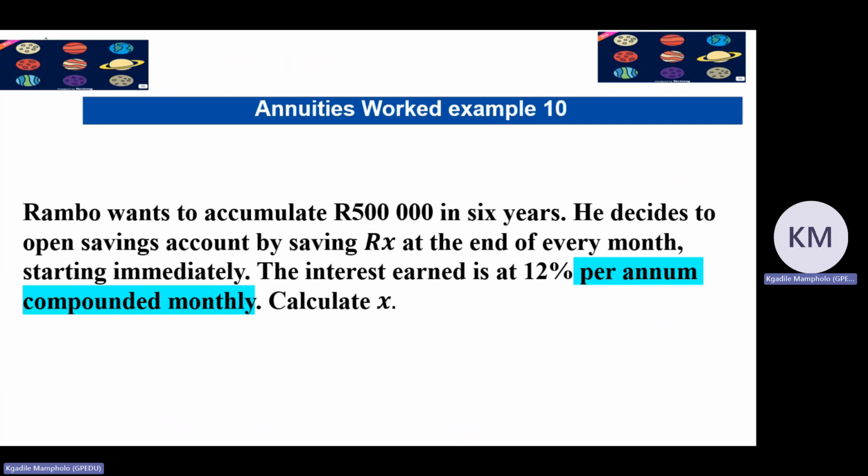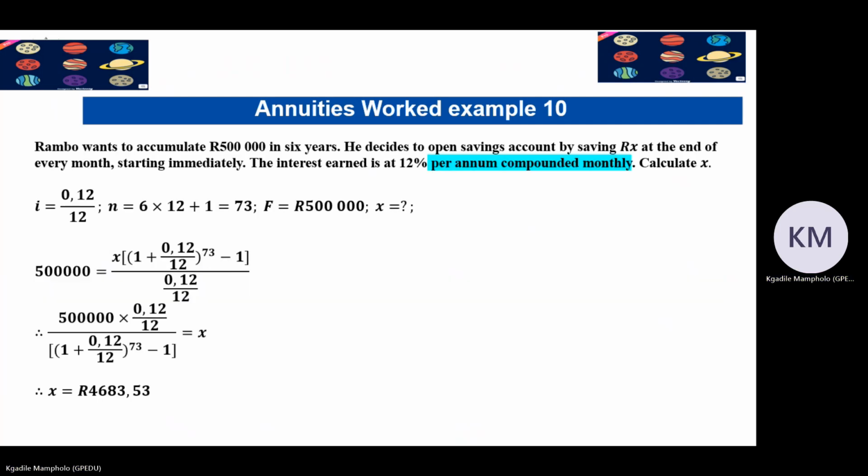So as we always do, highlight the keywords, 12% per annum compounded monthly. Highlight the key phrase. Now, I would be 0.12 because you converted 12% to I and then over 12. Then you say N is 6 times 12. Why do you say 6 times 12?